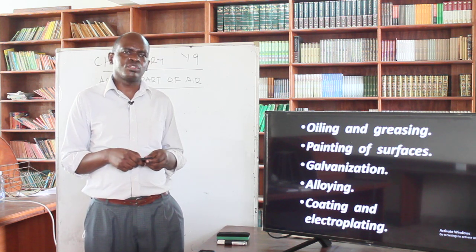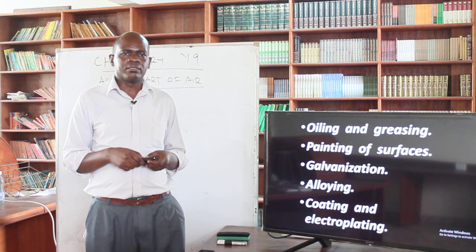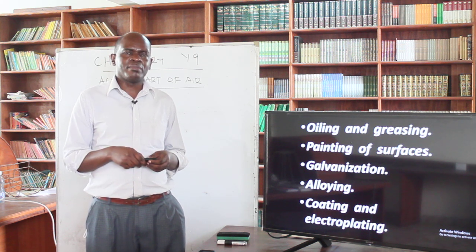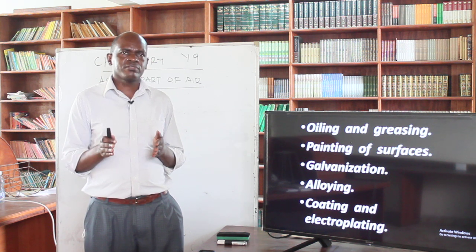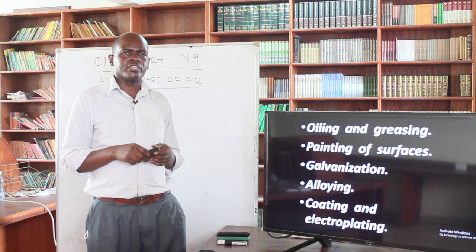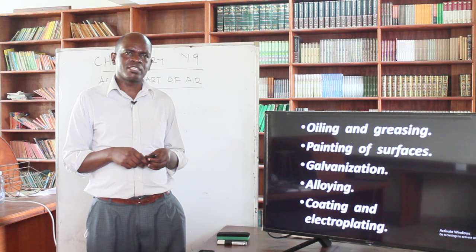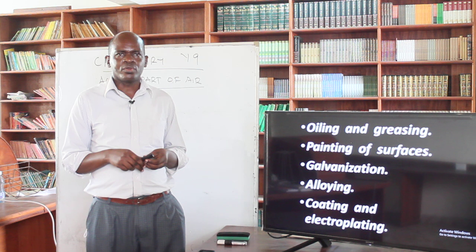We have galvanization, alloying, and coating through what we call electroplating. All these particular methods use electricity, where a more reactive substance coats a corrosive material on the surface, so that it's able to prevent it from rusting. For example, you can place zinc on the surface of iron, or you can place aluminium.